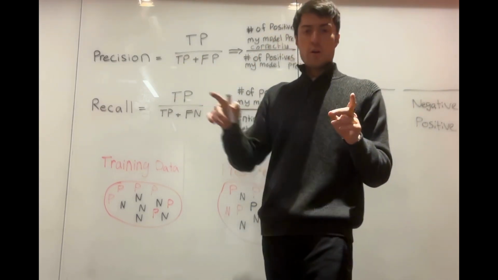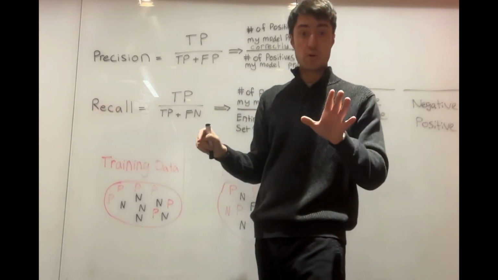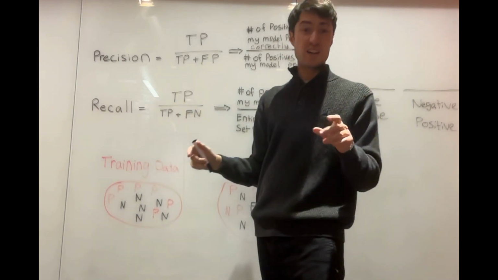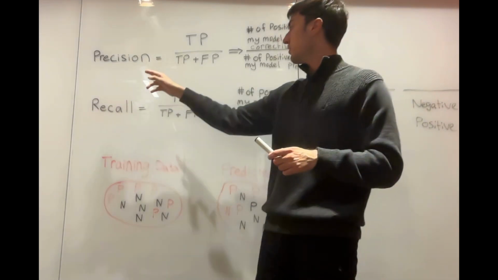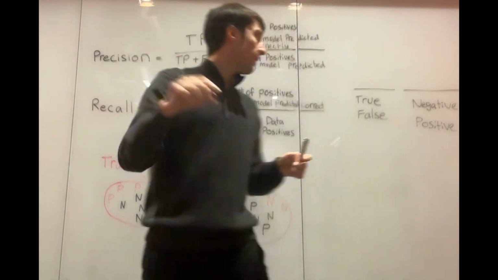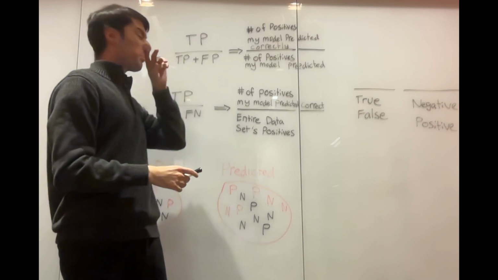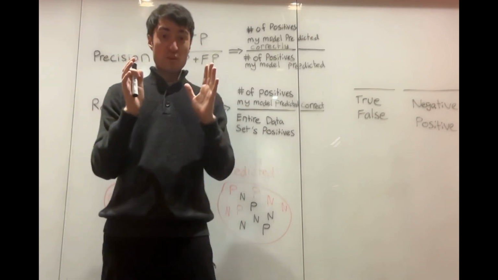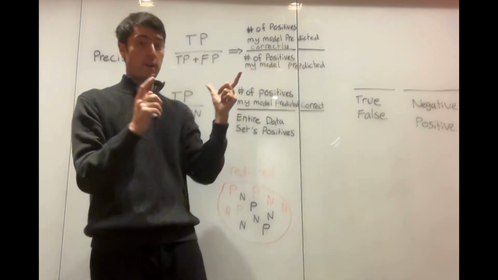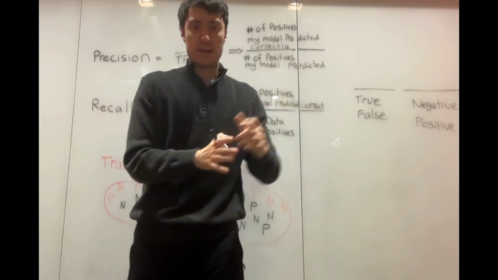Precision and recall both have true positive on the top, but the denominator is where things get different. For precision, the denominator is the number of true positives plus false positives, which is the number of positives my model predicted. So we are asking, how many positives did my model predict?